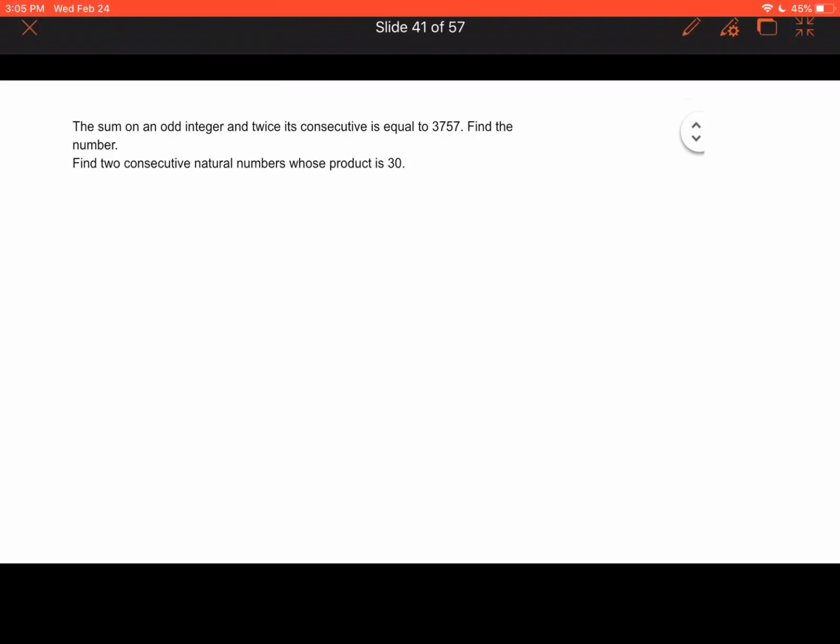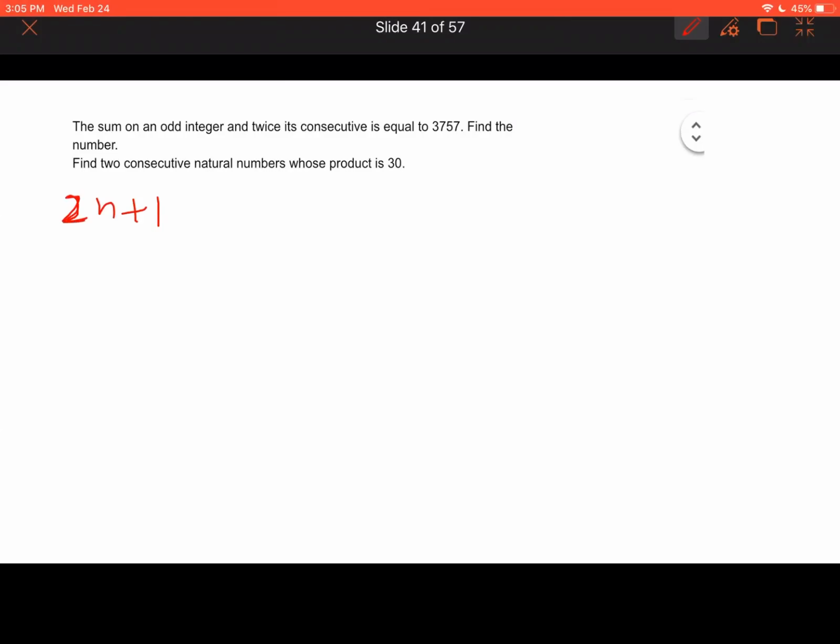The sum of an odd integer and twice its consecutive is equal to 3757. Okay, an odd integer is 2n plus 1, right? For any odd integer, the general format is 2n plus 1, 2n plus 3, 2n plus 5, 2n plus 7.